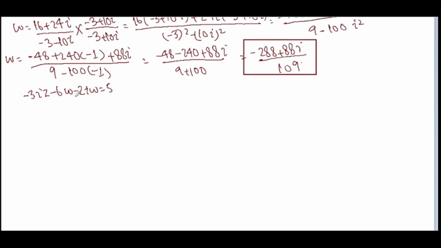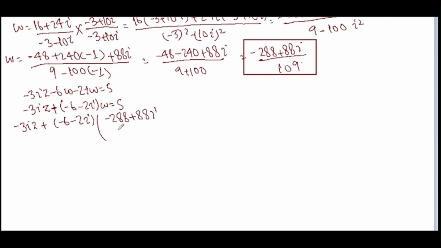So now we are going to use the value of w over here. So minus 3 iota z plus minus 6 minus 2 iota into w equals 5. Minus 3 iota z plus minus 6 minus 2 iota into w, which is minus 288 plus 88 iota whole divided by 109 equals 5.